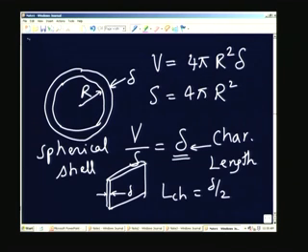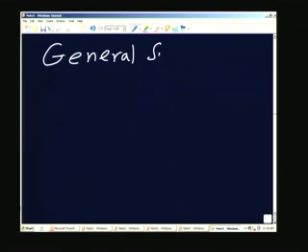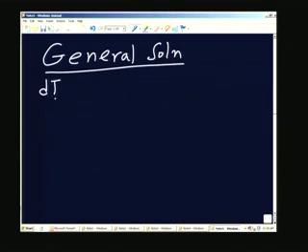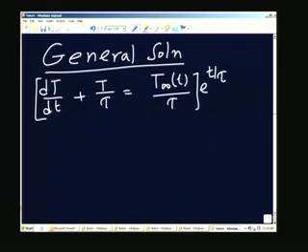try to work out the so called general solution to the problem, which is very simple. So, general solution to the first order equation. We know that it is dT by dt plus T by tau is equal to T infinity, which is a function of time, divided by tau. Suppose I multiply throughout by e to the power of t by tau, which is an integrating factor.